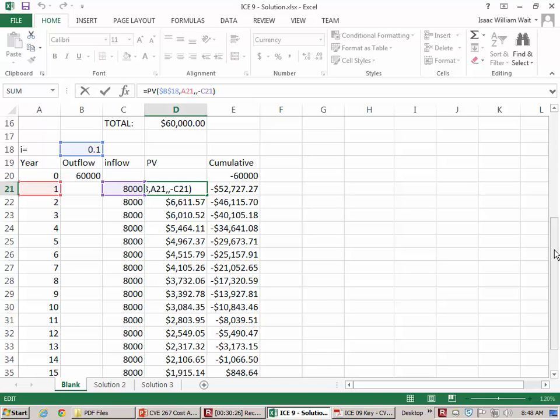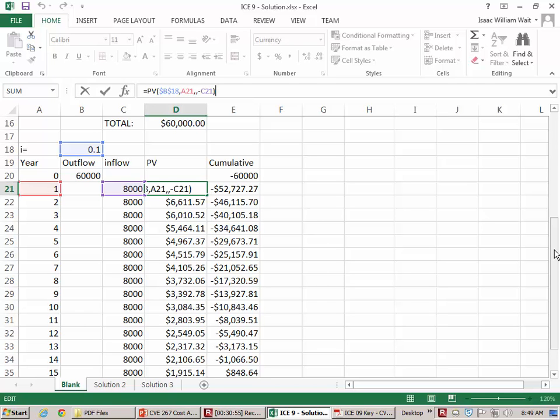So what we're doing in this PV column is, the contractor is getting $8,000 every year in the future. What's the present value of that $8,000? Because that's what we want to balance against the $60,000 that the contractor invested. You're giving your precious money today, but that money in the future isn't worth as much as your money today was. And so that's why we have to find the present value of those future amounts.